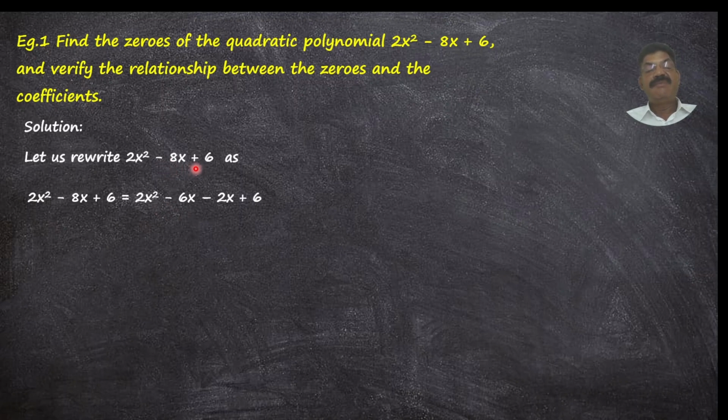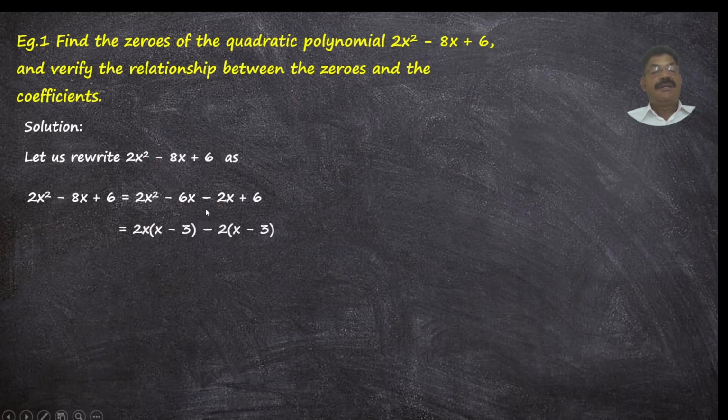You have to find two numbers so that their product is 2 into 6, which is equal to 12, and their sum is equal to minus 8. In that way, you have to separate the middle term minus 8x. I have written that as minus 6x minus 2x. So minus 6 into minus 2 is 12, and minus 6 minus 2 is minus 8.